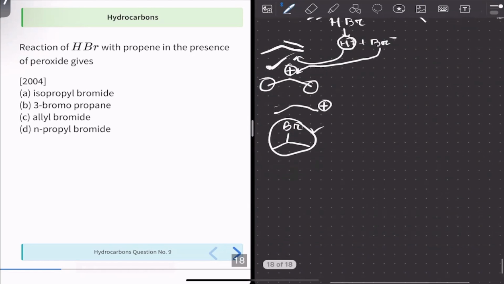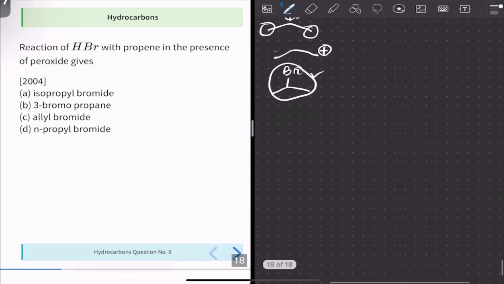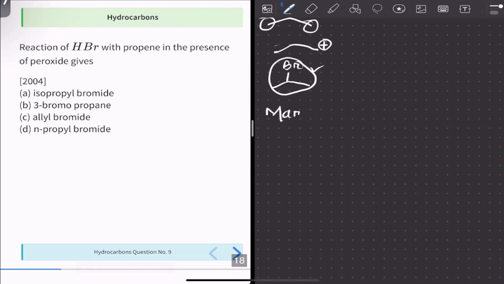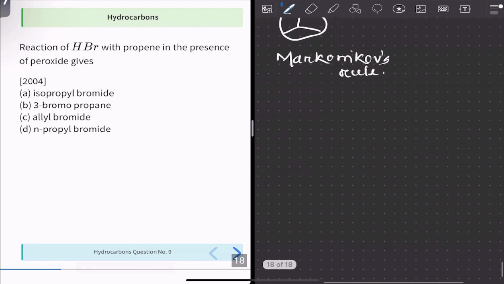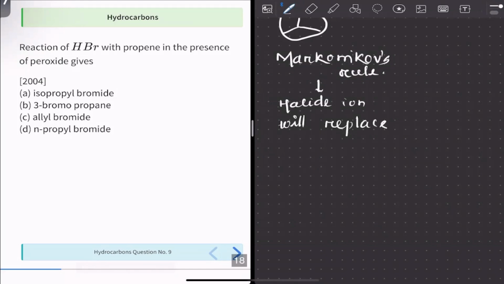There is a general formula for this, that is Markovnikov's rule. You can know the product without doing the mechanism. Markovnikov's rule says that the halide ion will go to the more substituted carbon.